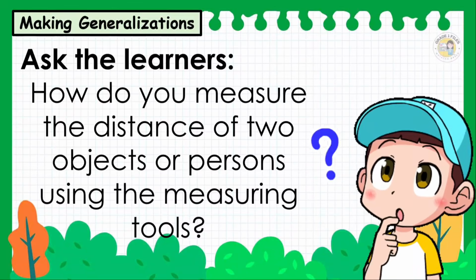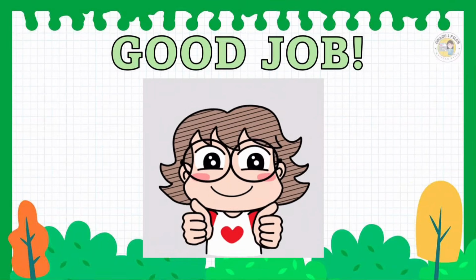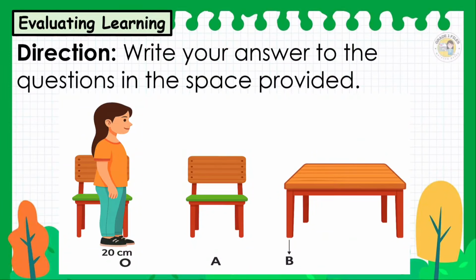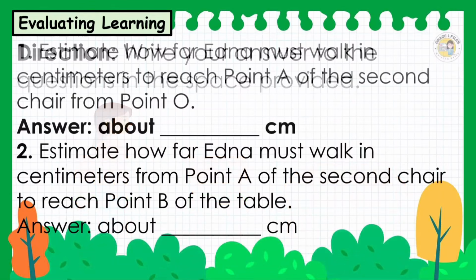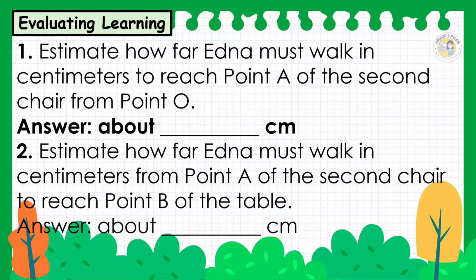How do you measure the distance of two objects or persons using the measuring tools? Write your answer to the questions in the space provided. Estimate how far Edna must walk in centimeters to reach point A of the second chair from point O.